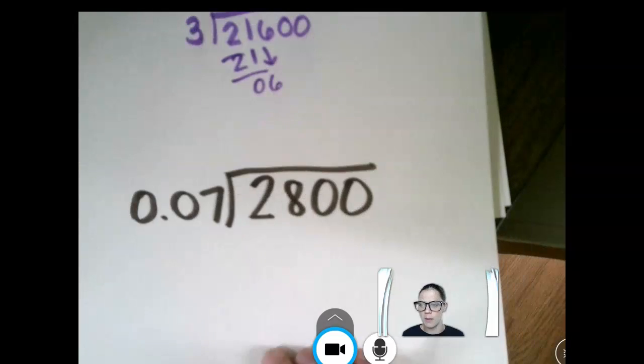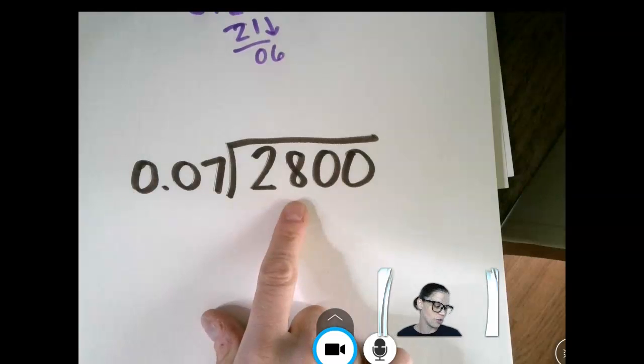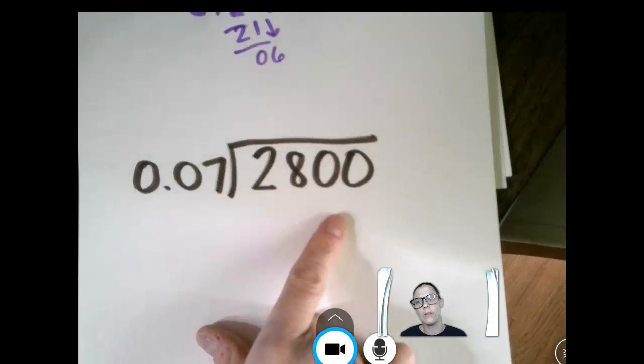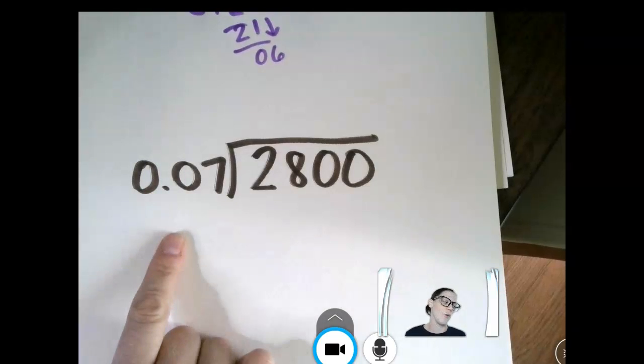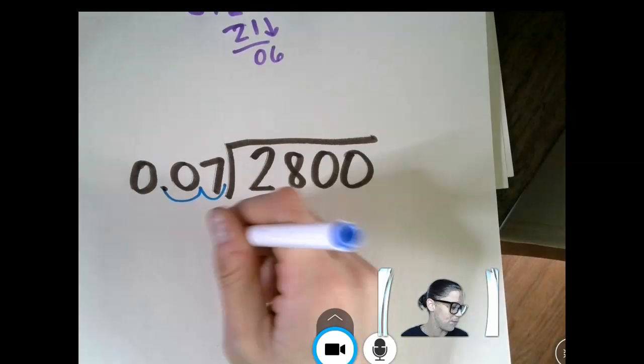Let's take our last problem. So I have 2,800 divided by 7 hundredths. So what do I need to multiply 7 hundredths by in order to make it become a whole number? 100. I've got to move it twice. 1, 2. So it becomes a 7.